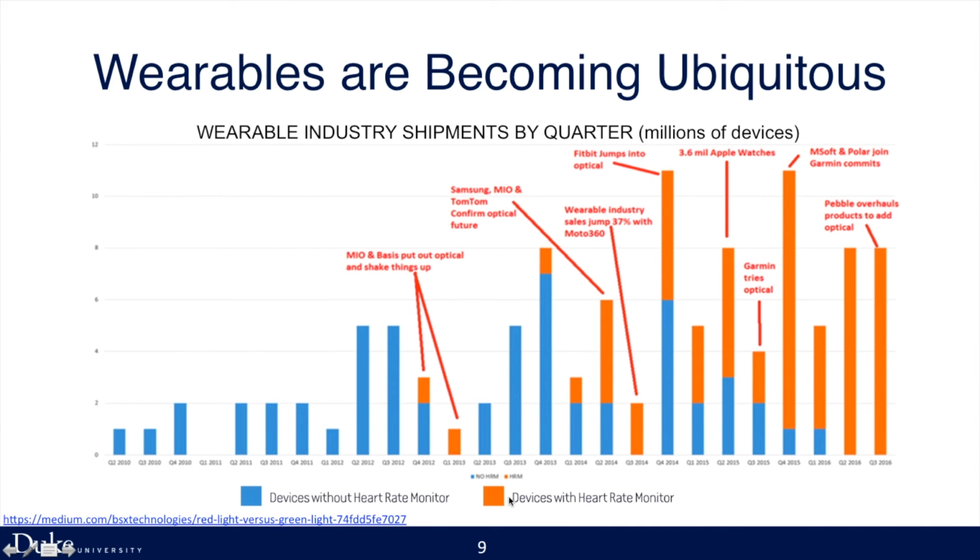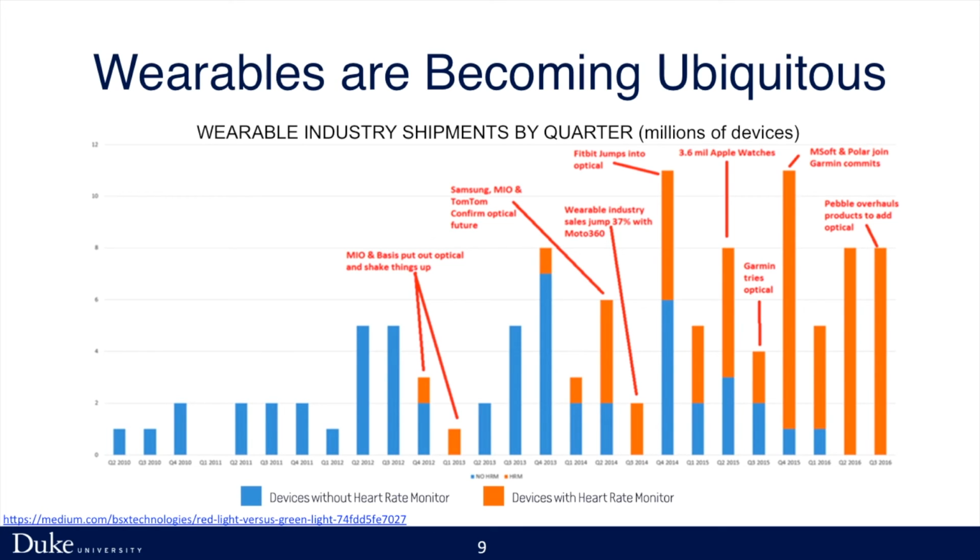One of the huge benefits of using data from wearable devices is that wearables are becoming ubiquitous. So these started as devices in the fitness industry that were of interest to people for tracking step counts, for example.